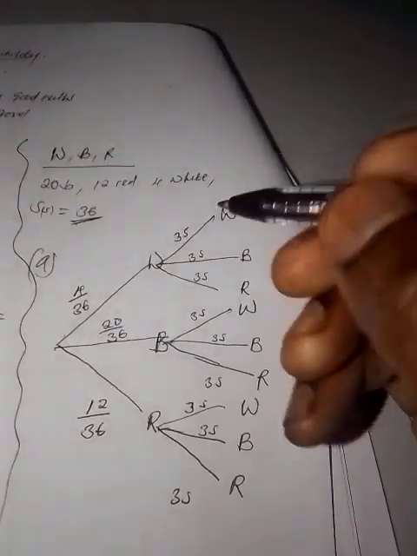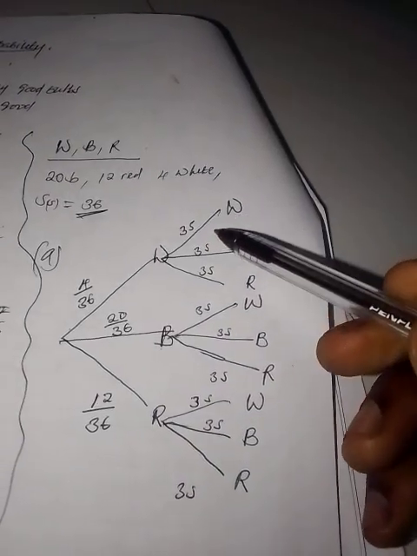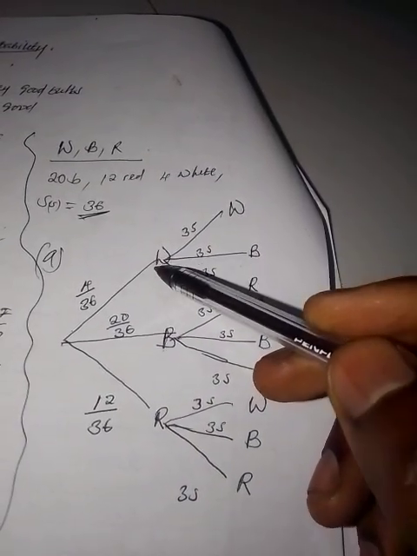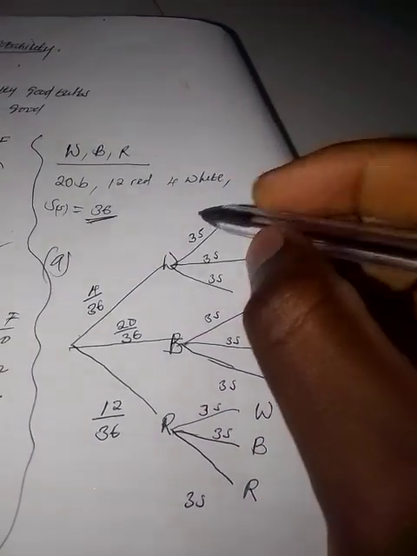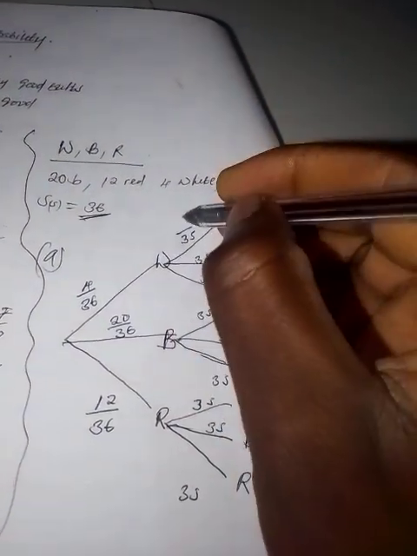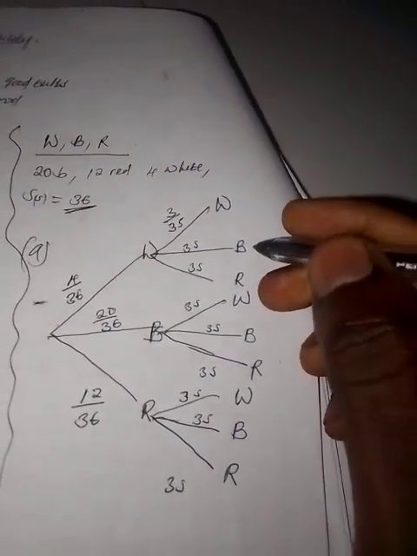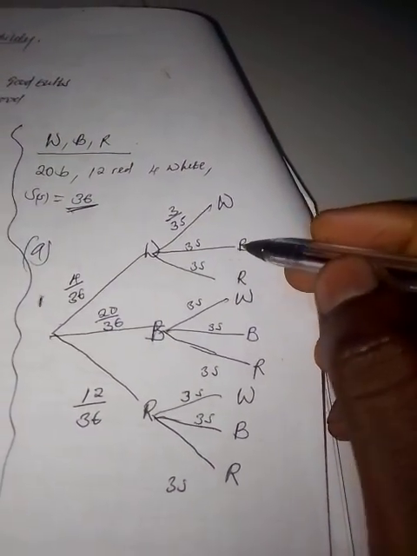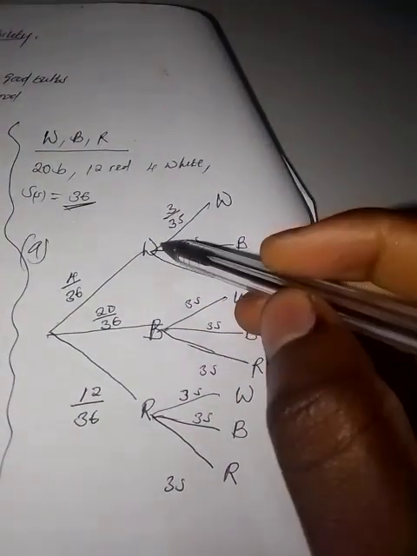Okay, now we go to on top there. So from the white branch we can get white from the sample space of the whites. So we're going to have here 3. Okay, can we get black buttons from the white ones? We can't.